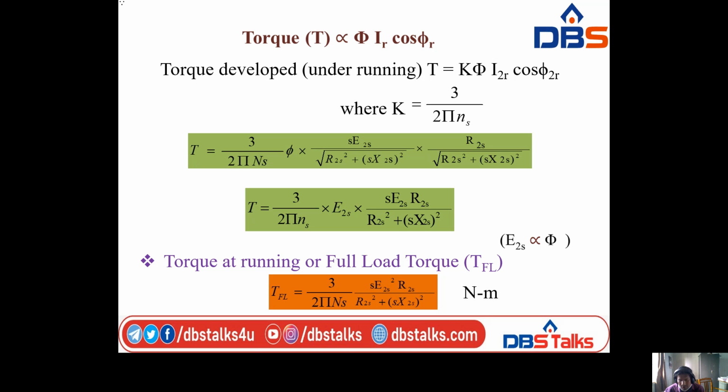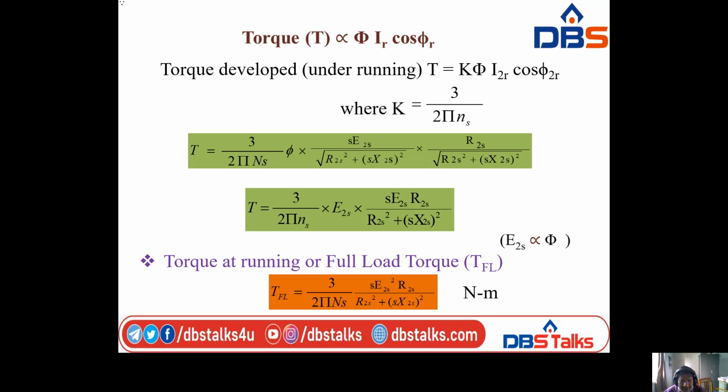Now torque is directly proportional to flux, rotor current and rotor power factor. We know the rotor current, we know the rotor power factor. So the torque developed under running condition is T is equal to K into phi I2R cos phi 2R, where K is equal to 3 by 2 pi ns, because it is a three-phase motor.